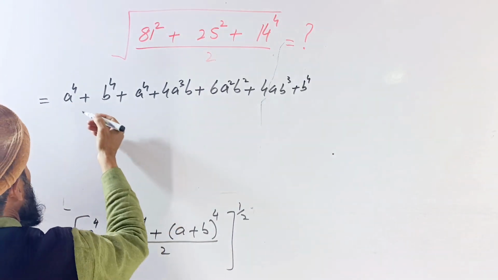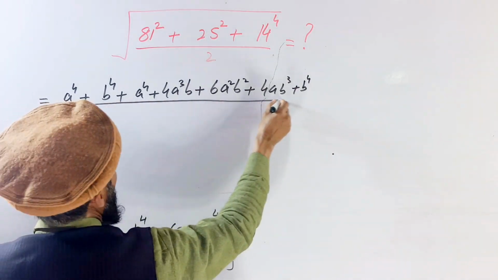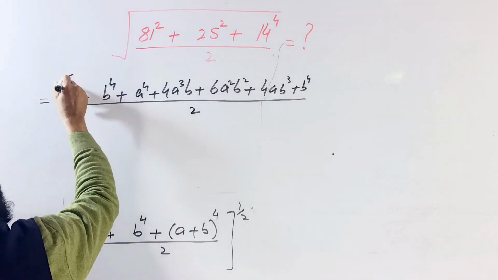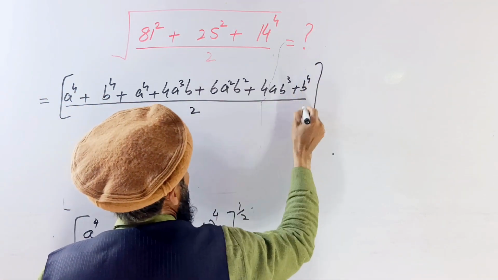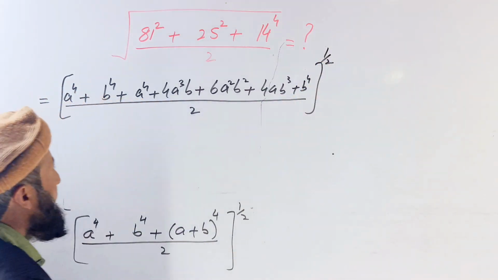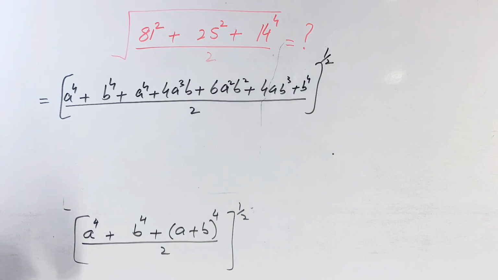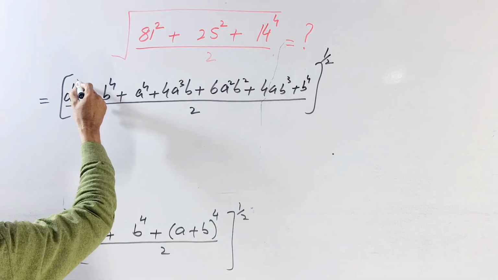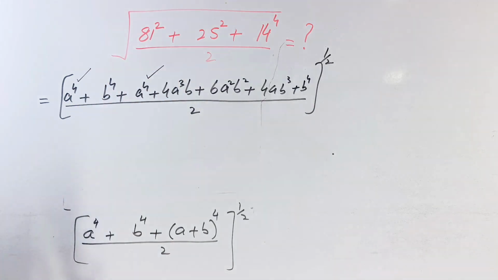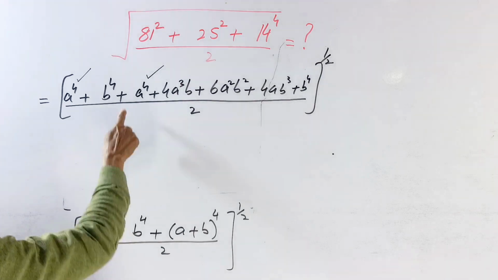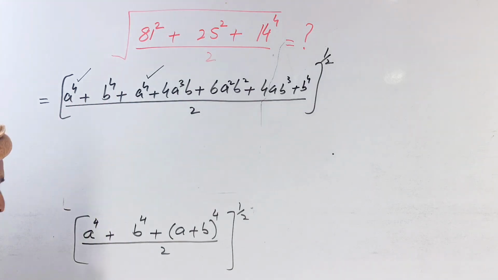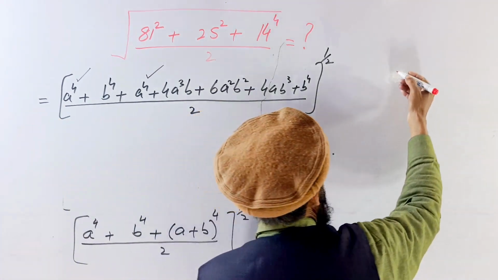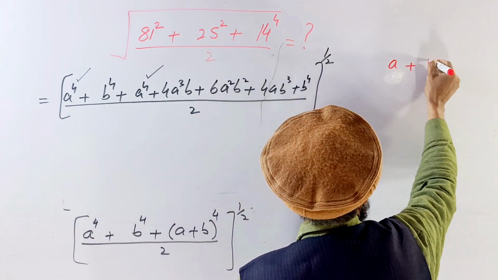Divided by 2, whole exponent 1 by 2. Now look here, we get a^4 and a^4, so we add them according to the rule when bases are the same.